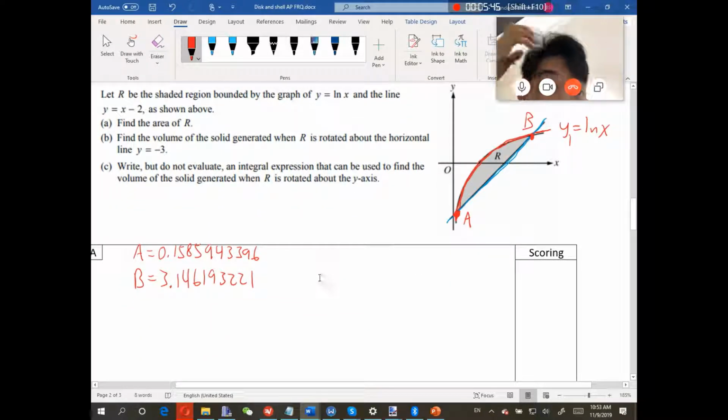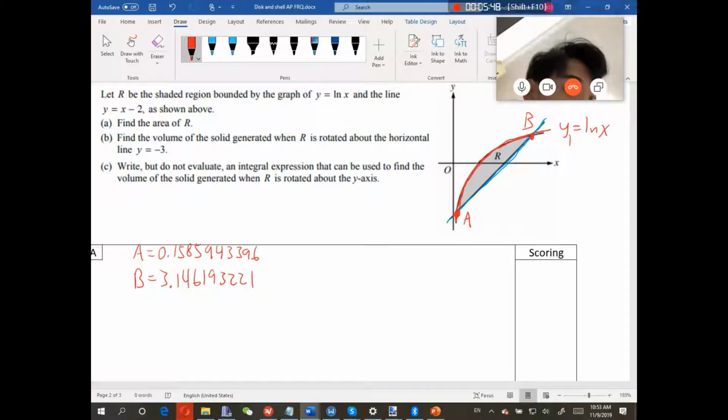Okay, so if we know what A and B are, how can I find the area of R? ln x minus, in parentheses, x minus 2. Okay, and then I need something else.